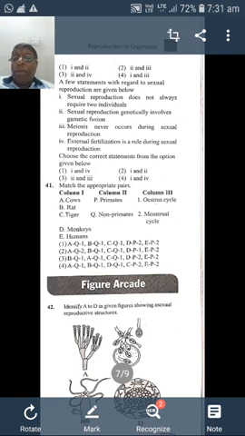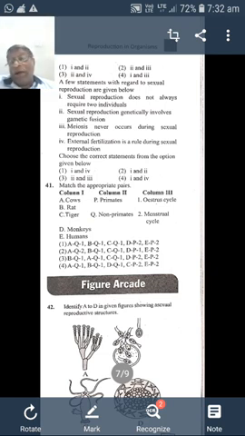Next. Match the appropriate pairs. Here you have to make the appropriate pairs, see. Okay, cow, rat, tiger, these are non-primates. What do they show? Estrous cycle. Okay, monkeys are primates. What do they show? They show menstrual cycle. Even human beings are primates, they show menstrual cycle. Okay. A cow, rat, tiger, they exhibit estrous cycle, whereas monkeys, they are the primate.